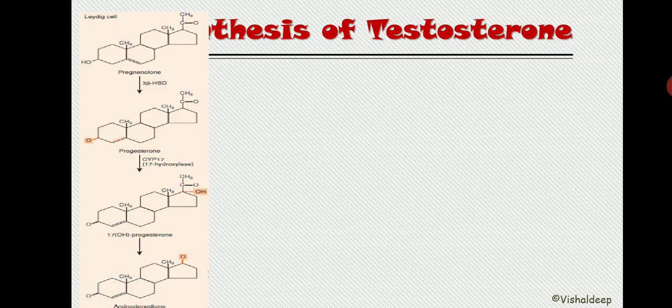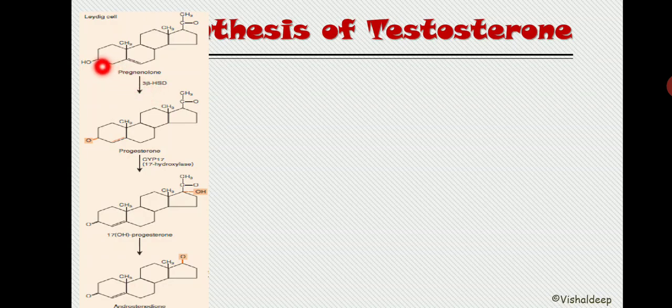Inside the Leydig cell, first the cholesterol molecule is converted into pregnenolone by the desmolase enzyme, that is 22-lyase. This one is the pregnenolone molecule. In this pregnenolone molecule, 3-beta-hydroxysteroid dehydrogenase causes dehydrogenation at the third carbon. This 3 stands for the number of the carbon.